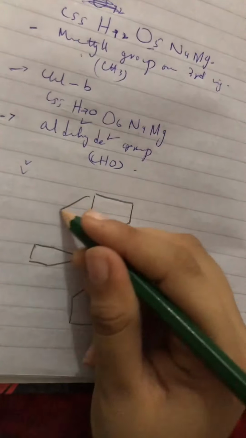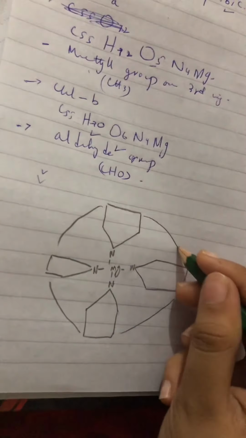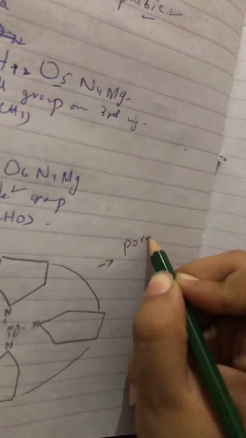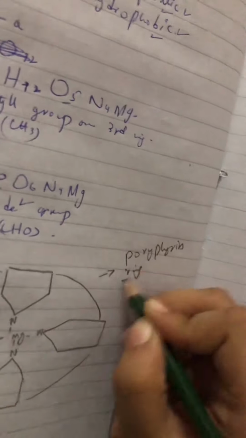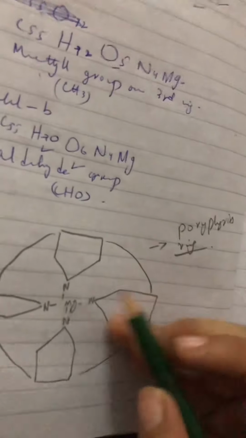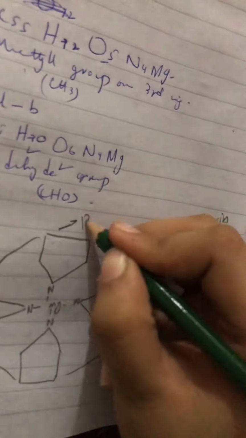Now this whole ring is called the porphyrin ring, but this single ring is known as a pyrrole ring.